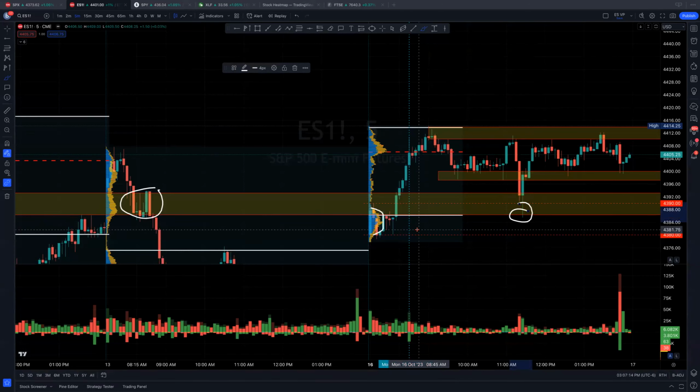I'm sure you guys have heard of trading from zone to zone. And this is basically what it is as well. Basically trading from zone to zone, trading from profile to profile, or from buyer value to seller value. Does that make sense?